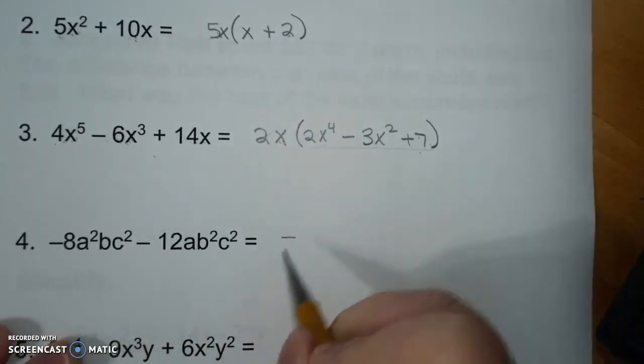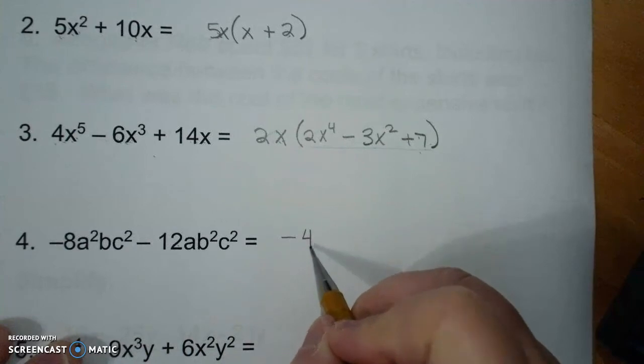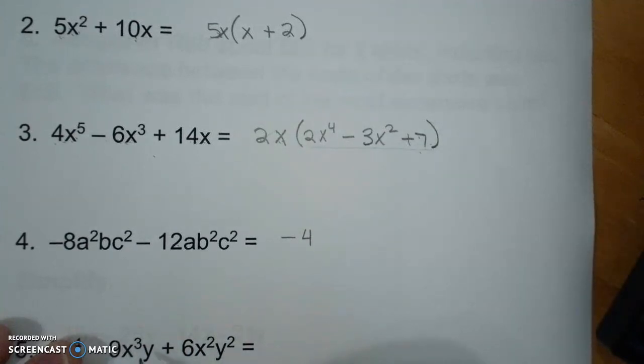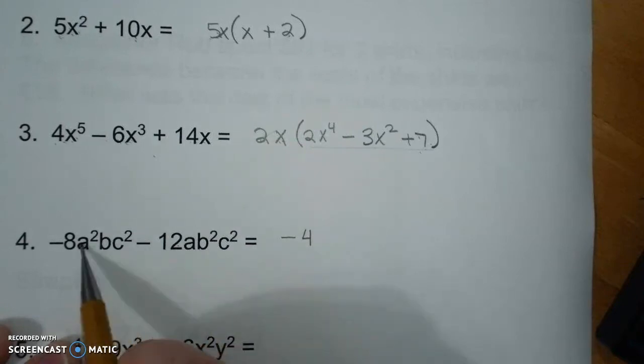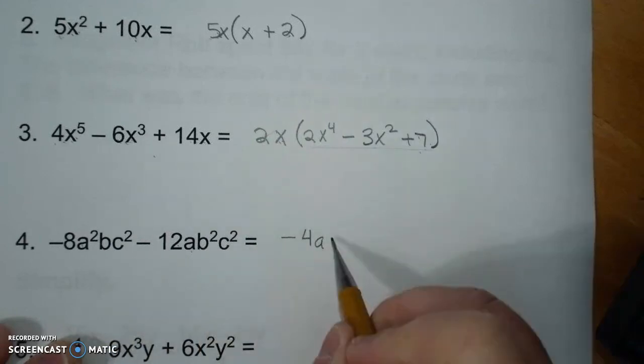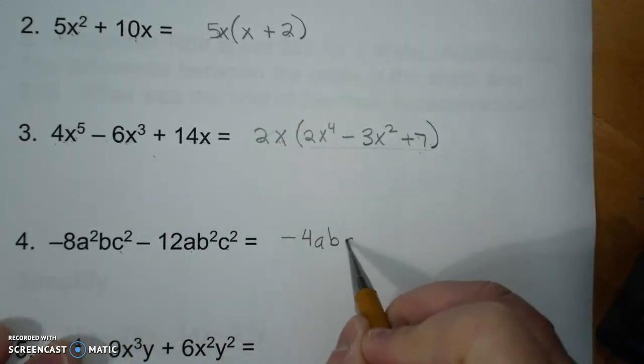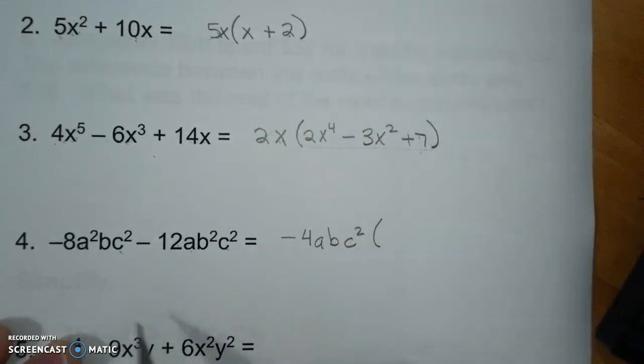Everybody has a negative. I can take the negative out. It's common to everybody. 8 and 12 has a factor of 4. And a squared, a and a, I can pull out an a. B and b squared, I can pull out a b. C squared and c squared, I can pull out both c's.